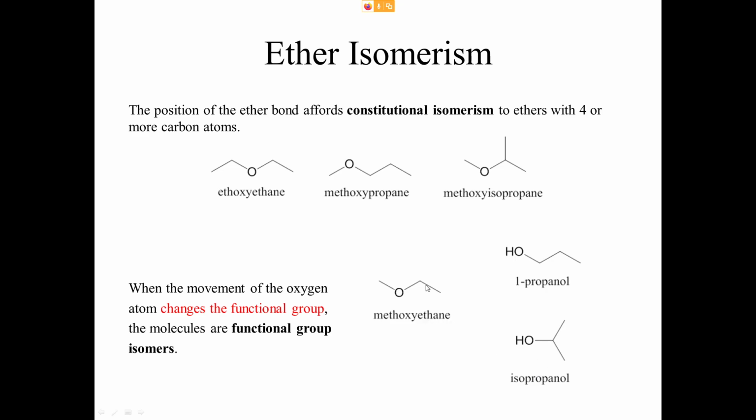One's an alcohol, one's an ether. But 1-propanol and 2-propanol, also known as isopropanol down here, they are isomers of each other, but they are not functional group isomers. Does that make sense? They're both alcohols. So this is a labeling of differences, whereas the others were labeling of similarities. It's a major distinction between the two.